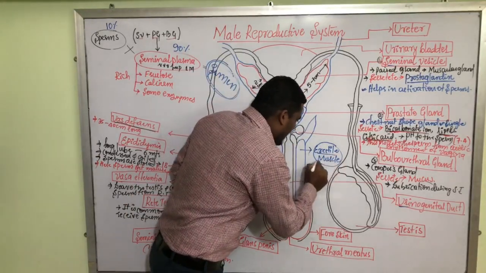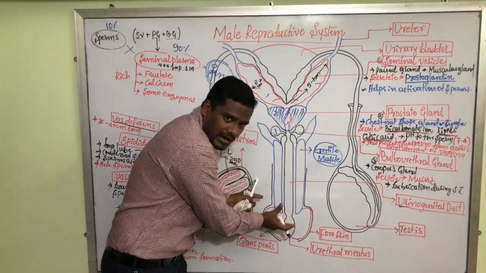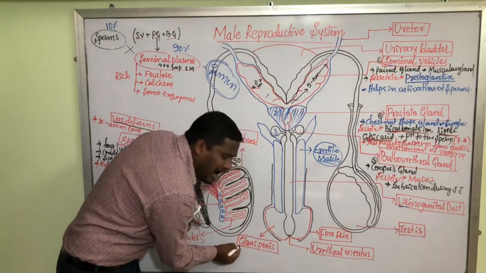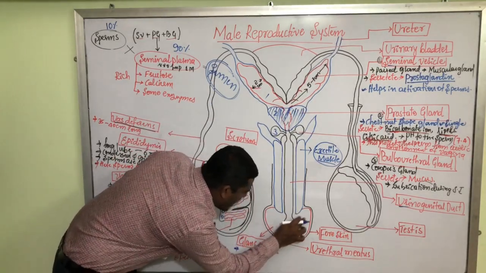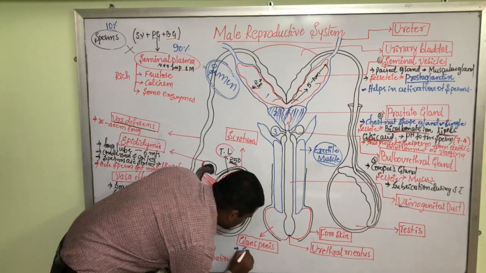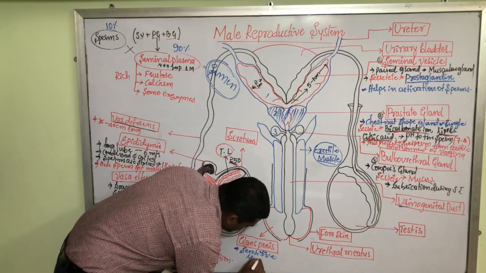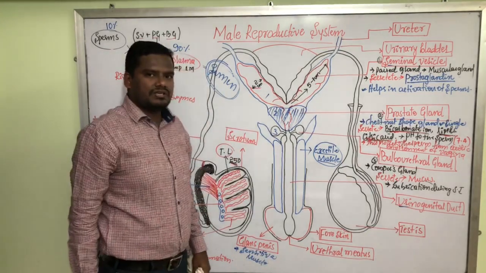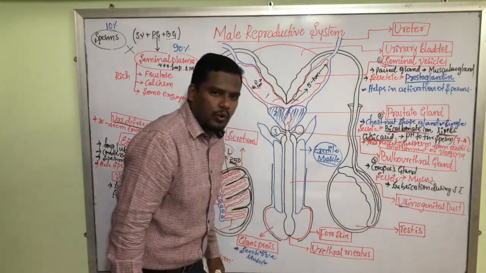So erectile muscles are covered and the tip of this is swollen. This tip is called glans penis. This glans penis is made up of sensitive muscles. And ultimately it has an opening outside.